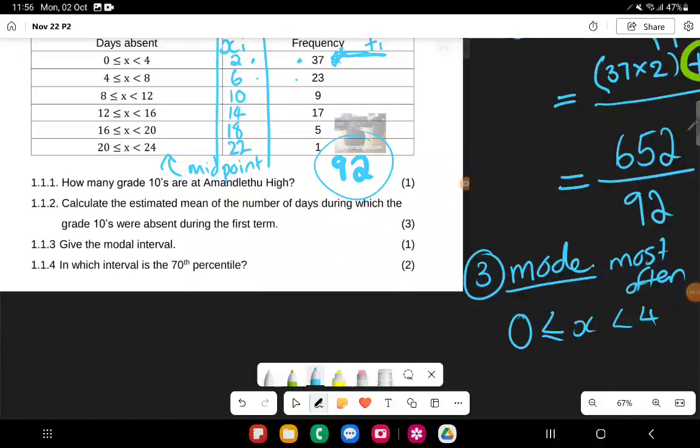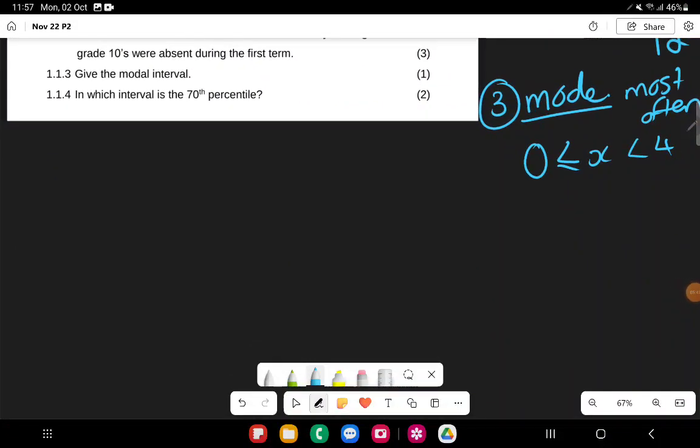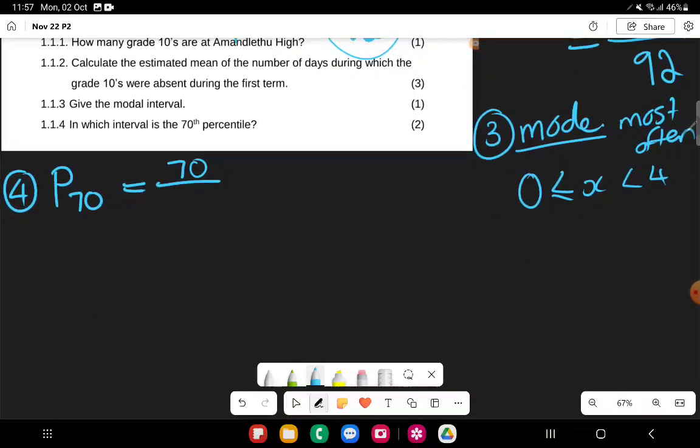Last question. In what interval is the 70th percentile? Question number 4 says percentile 70 will be equal to 70 out of 92 multiplied by n plus 1, if I'm not wrong. No, I am wrong.